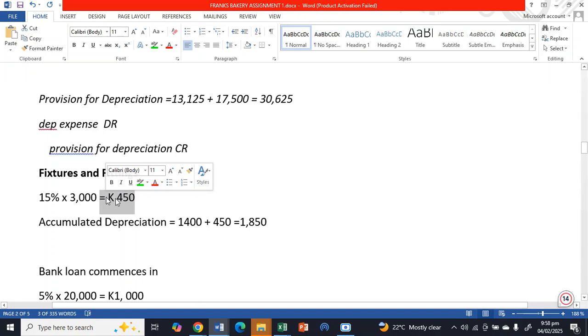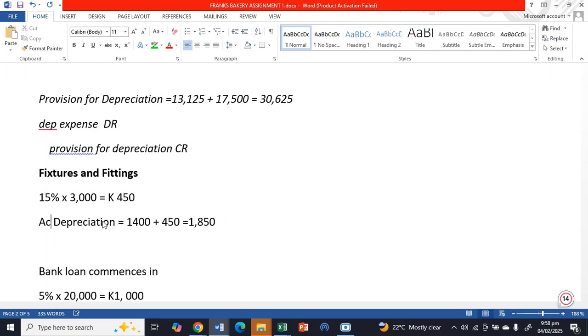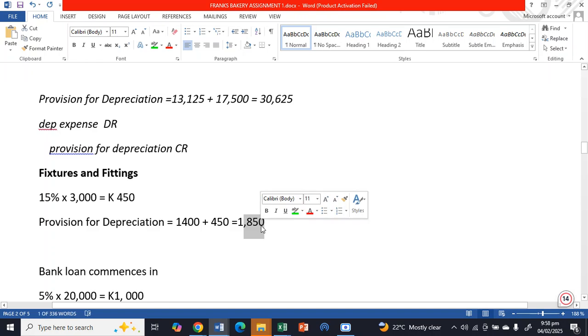And then this same 450, you're going to add it to the provision for depreciation. So for fixtures and fittings, the provision for depreciation was 1,400. You add plus 450, 1,400 plus 450, provision for depreciation 1,850.